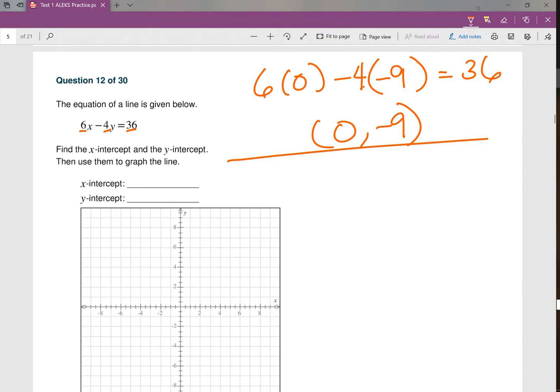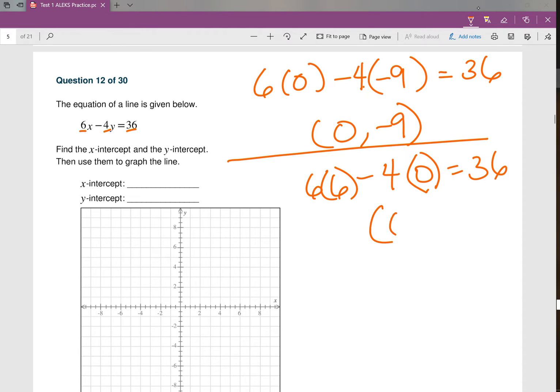The next item would be 6x minus 4 times 0 is 36. So 6 times some number x has to be equivalent to 36. So this has to be positive 6.